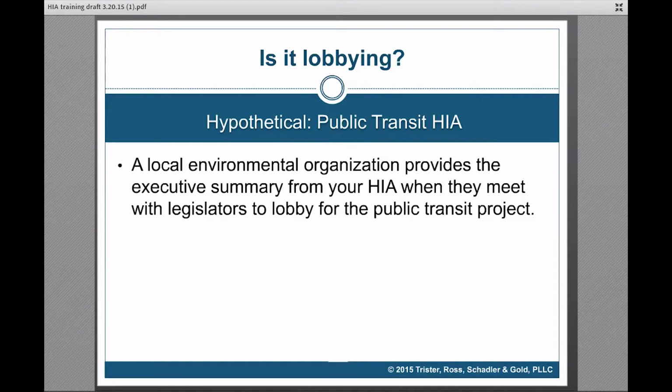So let's have another hypothetical about this public transit HIA. Let's say the city zoning commission chair asks for your help in writing a new zoning restriction to focus development around the transit project in a way that's going to benefit the community. Would working with the zoning commission chair be lobbying in this situation?